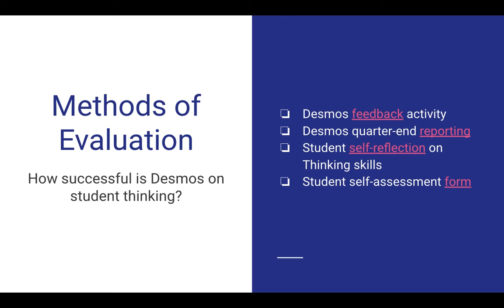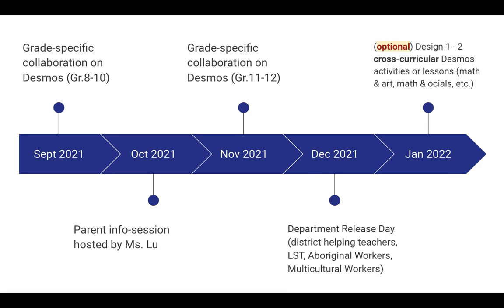This is more related to the BC core competencies, and student self-assessment forms on how they feel about Desmos. Feel free to click on this link to use these resources to help you measure how successful Desmos actually is in your classroom.